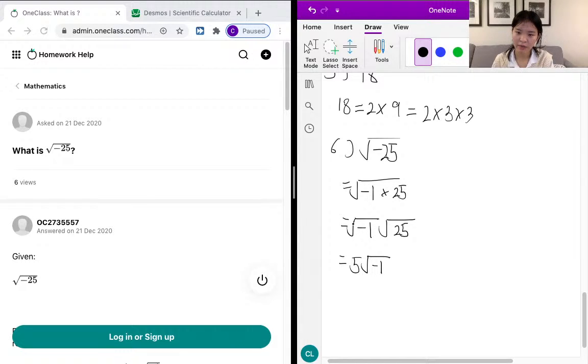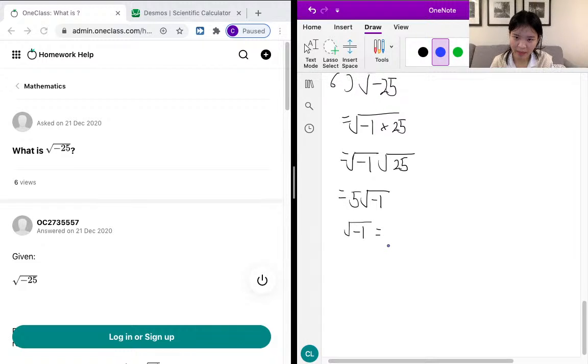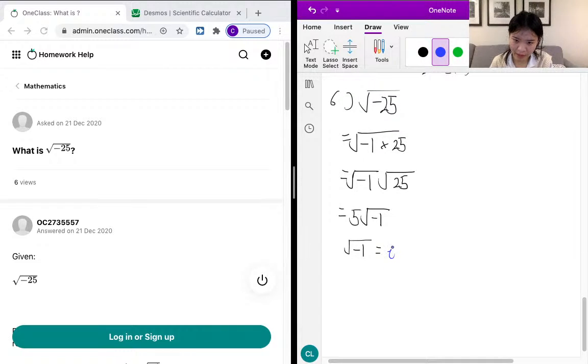Now, I'm not sure if you've come across this before, but the square root of negative 1 has a special name in math. In math, or in physics, we use i to represent the square root of negative 1. i is called the imaginary number, and its value is the square root of negative 1.